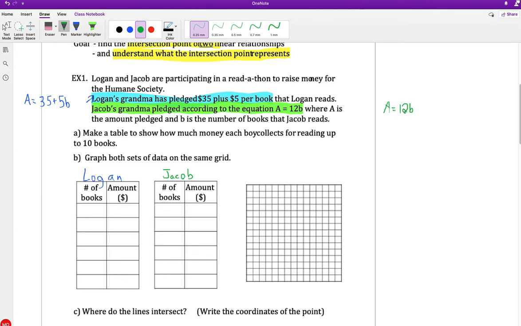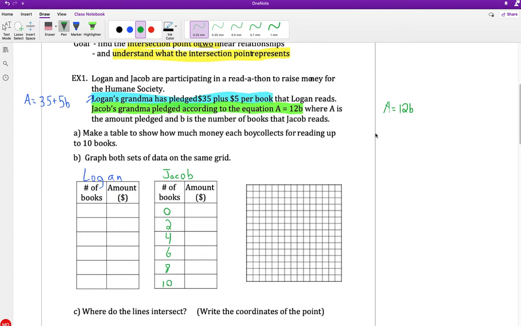So $12 per book. The first thing I ask is to make a table of values that shows how much money each boy collects reading up to 10 books. I'm going to start over here with Jacob, and we're going to go every 2 books: 2, 4, 6, 8, 10.